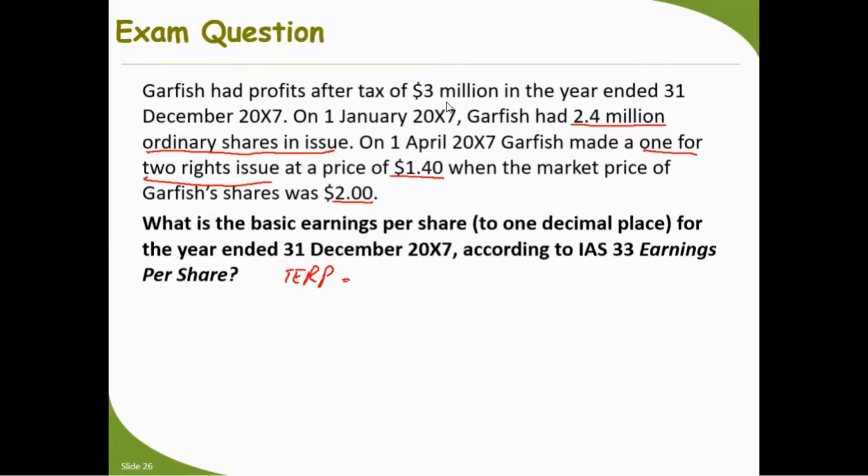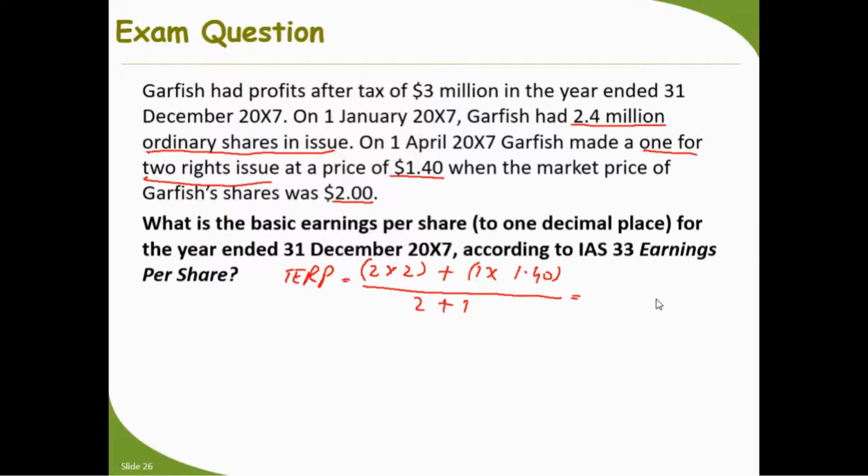How many shares are required to get 1 right share? 2 shares for 1 right. So 2 times the market price of 2, plus 1 right times the issue price of 1.4, divided by 2 plus 1, the shares required for 1 right plus 1 right.